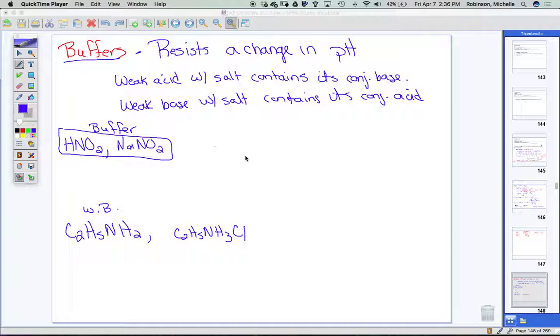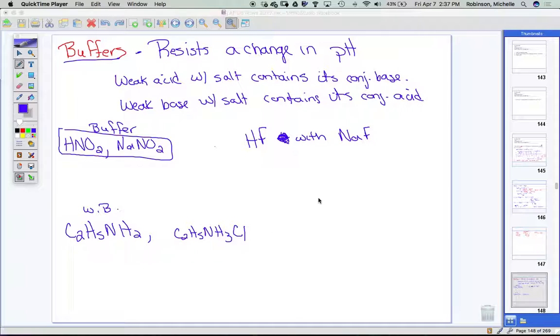Okay. All right. So go back up here to another weak acid. Give me another weak acid. HF is a weak acid. So if I had that, I need a salt with its conjugate base. What's one? NaF. All right, that's a buffer.